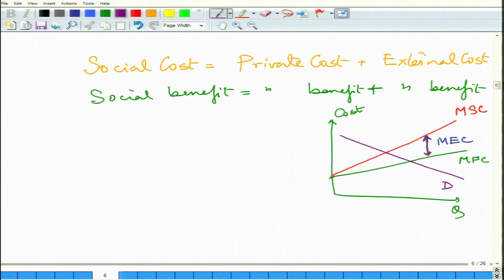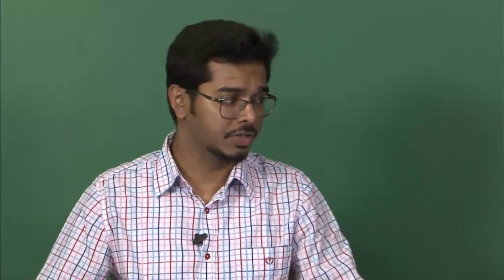You can call it a demand curve, but don't write it like this; you can call it a marginal social benefit. You can keep it as marginal private benefit or as marginal social benefit. It hardly matters, because here the external benefit is so low compared to the external cost. The difference between the marginal private benefit and marginal social benefit is very low, so they are similar, because the marginal external benefit is low.